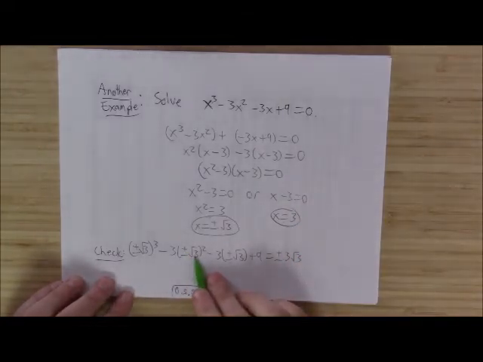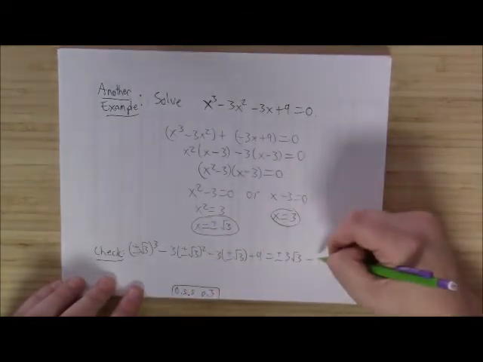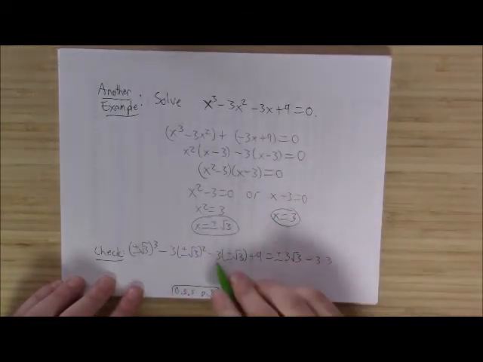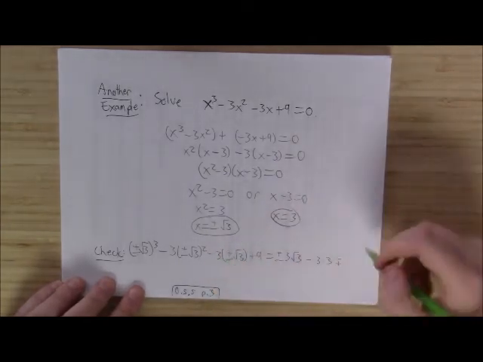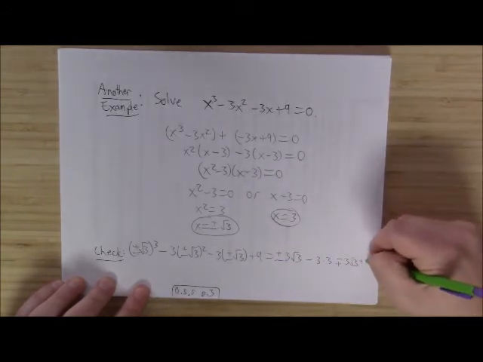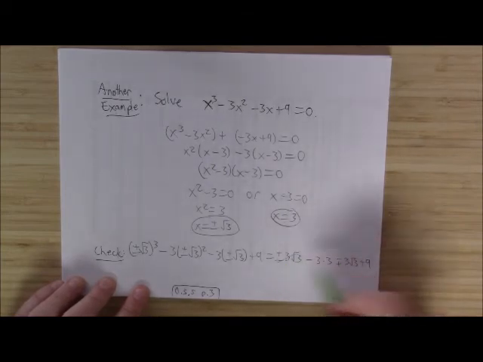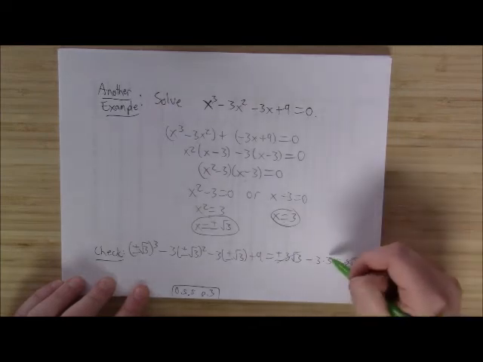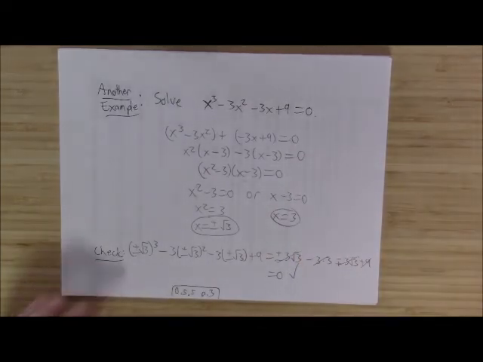Here, root 3 and root 3, the sign will go away because of the 2. And so I'll get minus just 3 times 3. Here, I get minus plus 3 root 3 because it changes the signs. And here I get plus 9. Well, here we see that because these signs are opposite of these signs, those cancel. And here, the negative 9 and 9 will cancel, and so I get 0. So that does actually work.